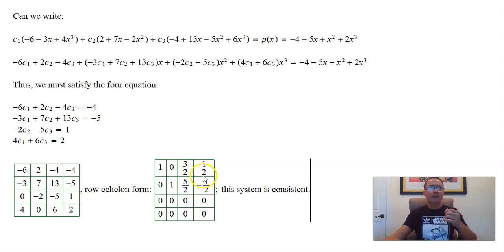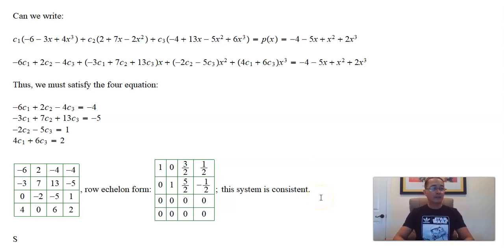But we were being asked, what is the simplest way to write p of x as this linear combination, if possible? Yes, it is possible because the system is consistent.